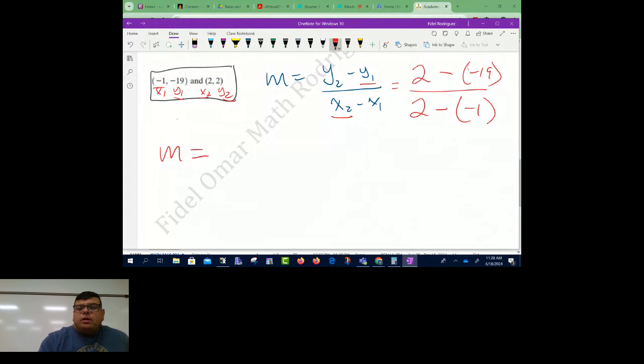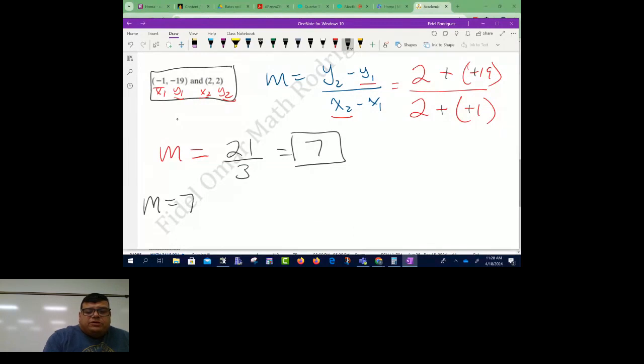Right here, minus and minus becomes plus. 2 and 19 is 21. Minus and minus also becomes plus. That's 3. 21 divided by 3 is just 7. So we just found our number m to be 7, right?